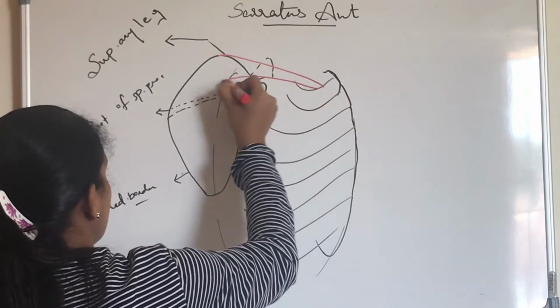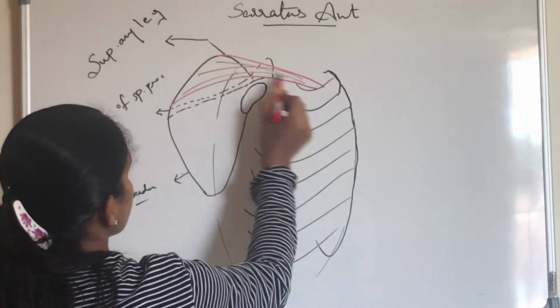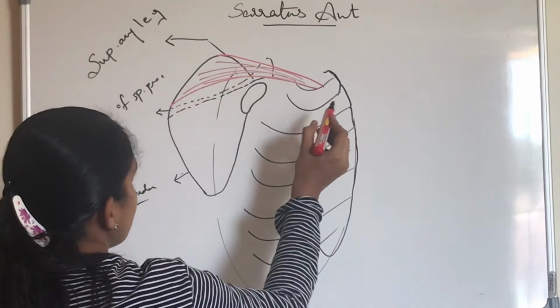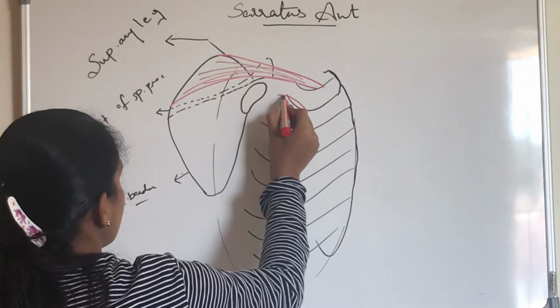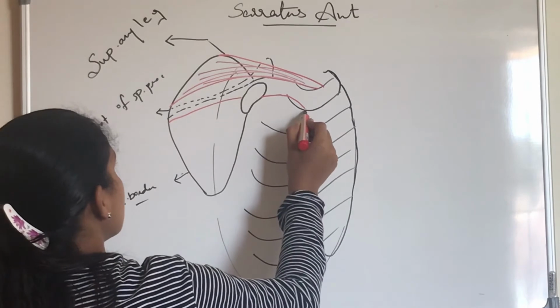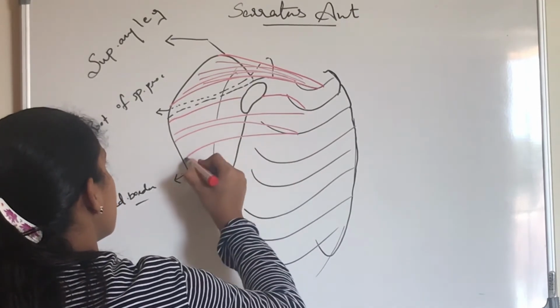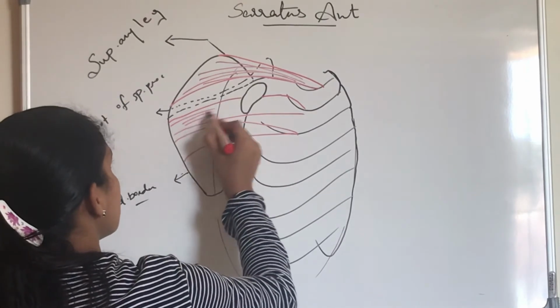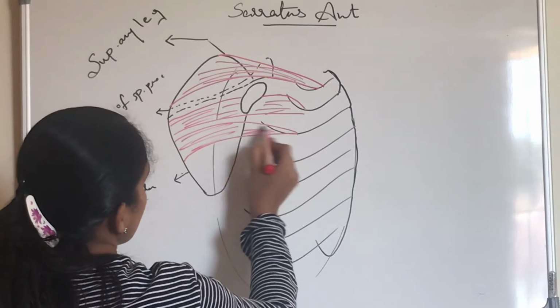Serratus anterior, we have 8 digitations. First digitation takes origin from the first rib, gets inserted from the superior angle of scapula to the root of spinous process. Second digitation below the root of spinous process in the medial border of costal surface of scapula. Second and third digitations just beneath the root of spinous process.